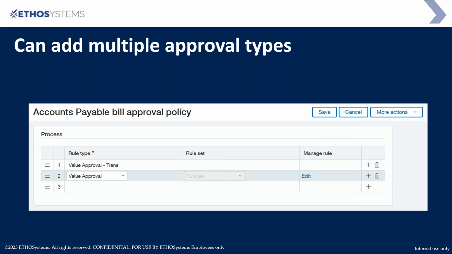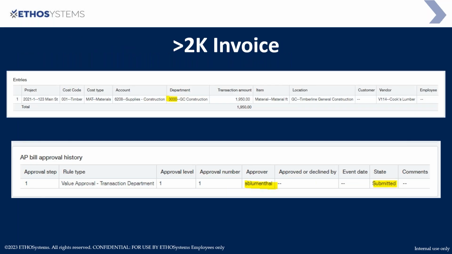So you get a mixture of both. And that's the beauty of having the mix of the approval policies, if you will, in Intacct. So we're not just limited to one, we can combine them. And those are the 3 main ways we can set up the approval flows.